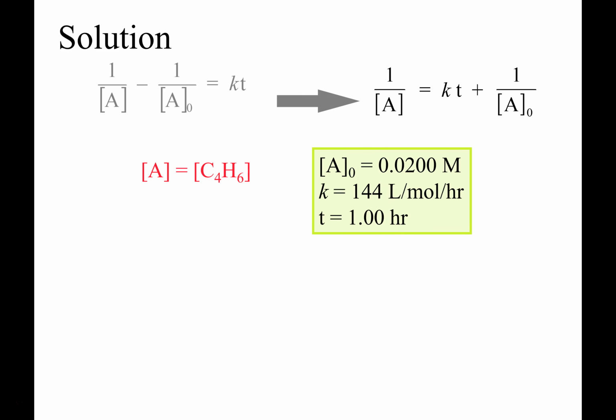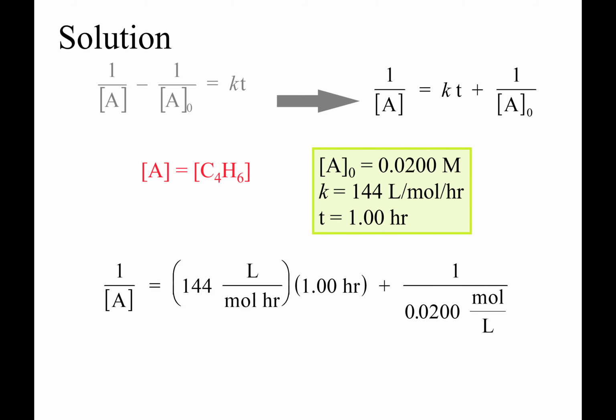The inverse of A is equal to K, which is 144, don't forget your units, liters per mole per hour. The time was also in units of hours, we didn't have to fix that, 1 hour. So now we know that units of hours are going to cancel with this first term, and we're going to be left with liters per mole.